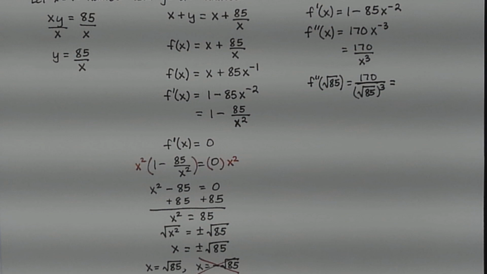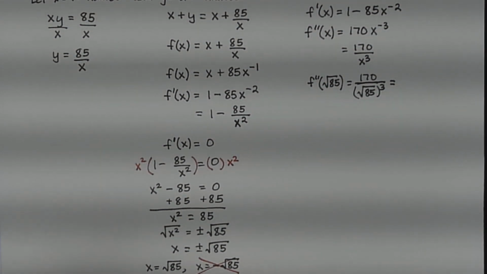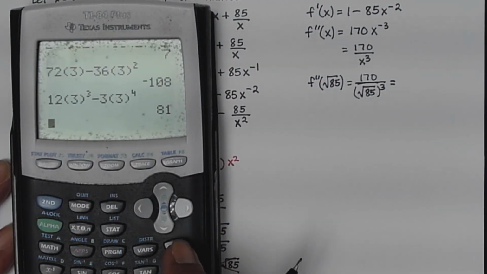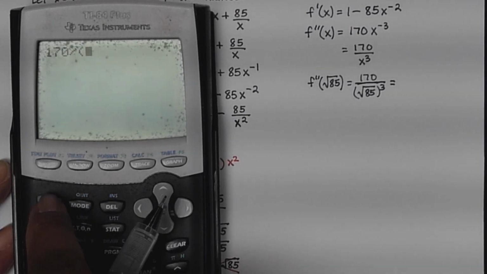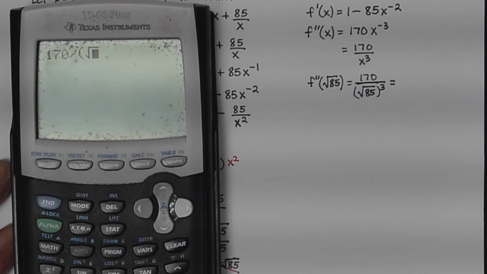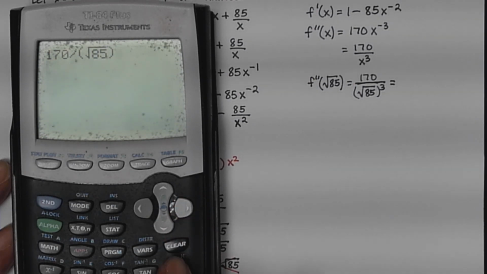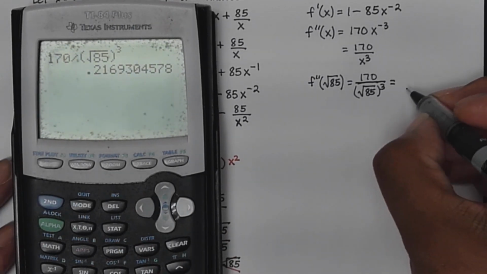But would that really matter if I simplify this? Because if I was to do this in the calculator, 170 divided by, and then in left parentheses, second x squared for the square root of 85, close your parentheses, and then I'm going to cube it. It's going to end up being a positive number.